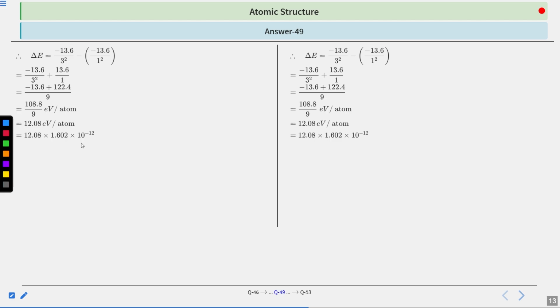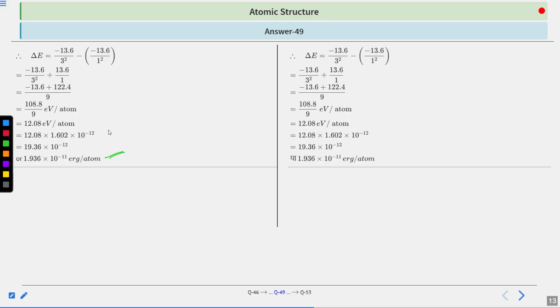Now if you convert this into erg per atom, it is multiplied by 1.602 into 10 to the power minus 12, which is 19.36 into 10 to the power minus 12, or 1.936 into 10 to the power minus 11 erg per atom. So this is your correct answer.